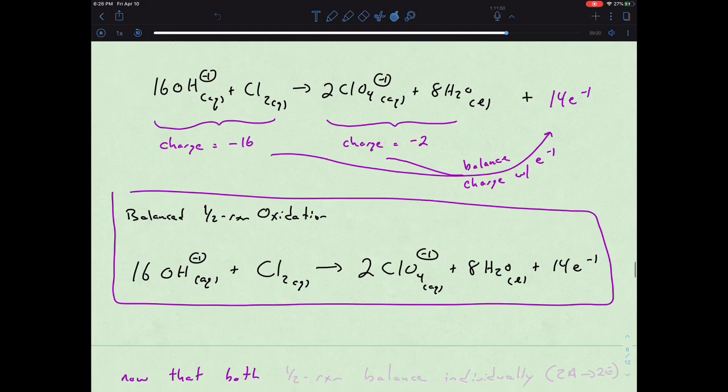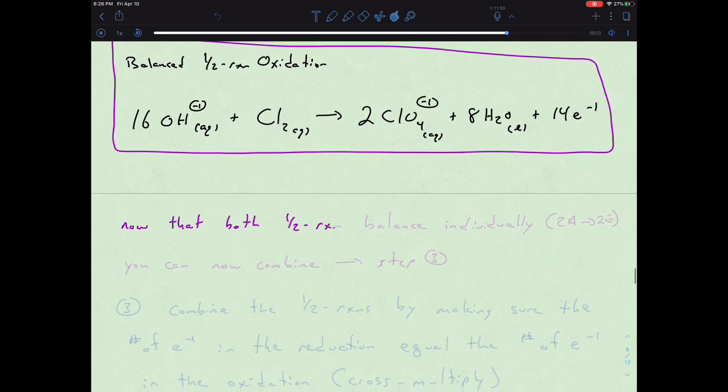So now that we got those two, that's going from those steps of 2A to 2E. We can now combine. And that's going to basically our step 3. So now we want to start to combine these processes.